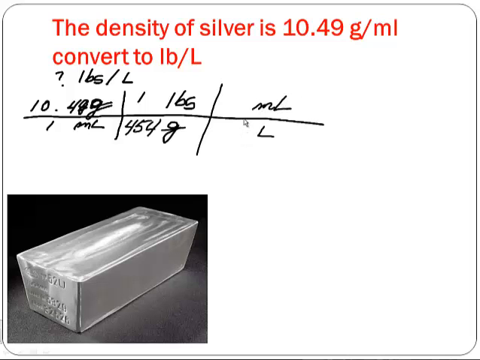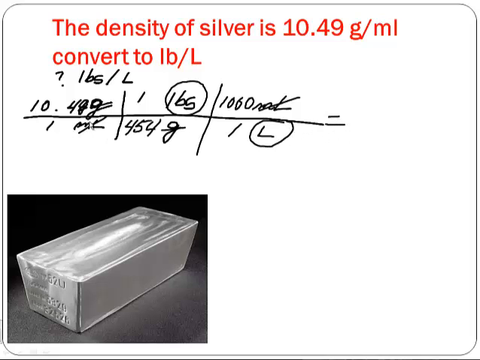Well, I know there's 1,000 milliliters in 1 liter. So 1,000 milliliters in 1 liter. And at this point, my milliliters cancel diagonally. They don't have to be next to each other. But now notice that what I have left is pounds per liters.